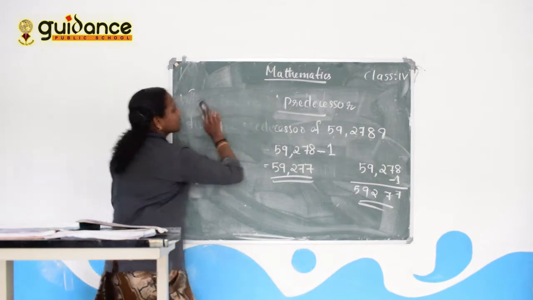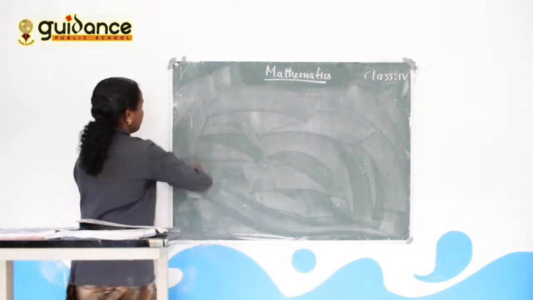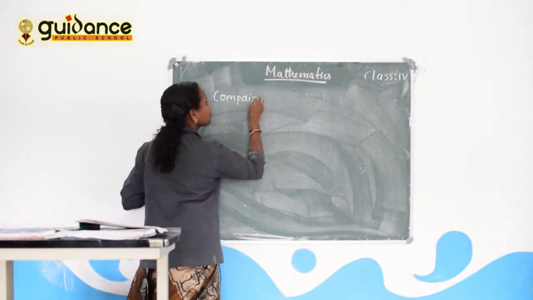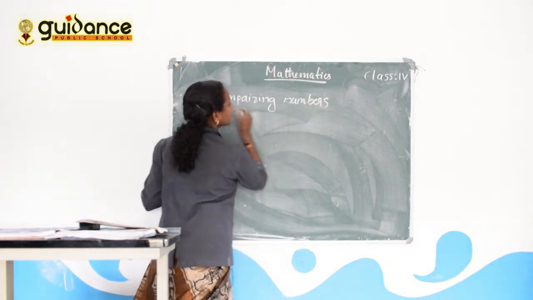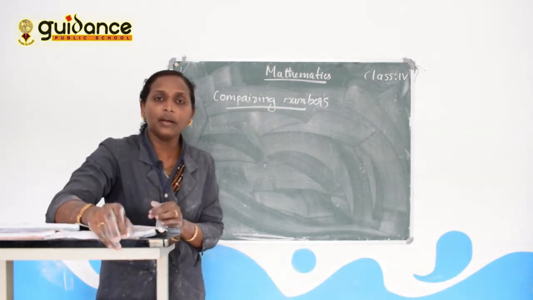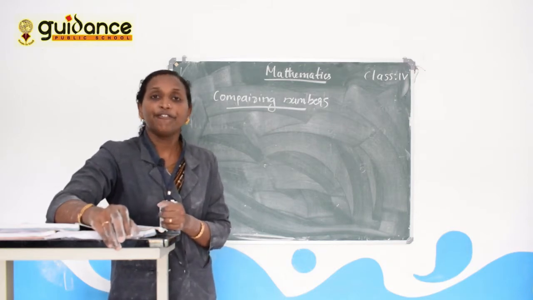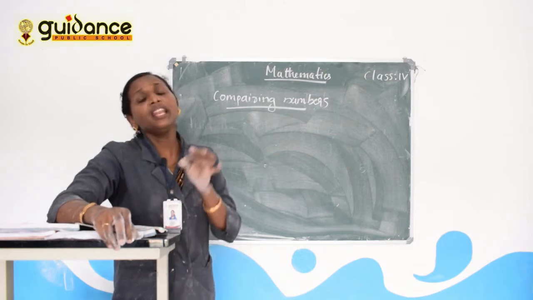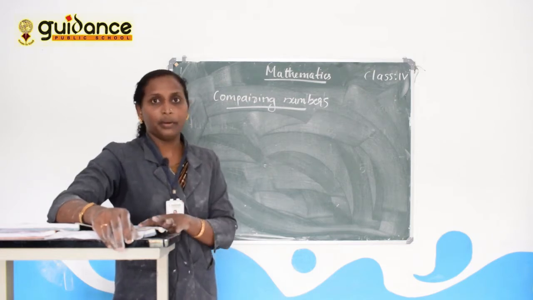Next we are going to the next topic, comparing numbers. What is comparing numbers? Comparing numbers means finding whether a number is greater than, less than, or equal to the other number.